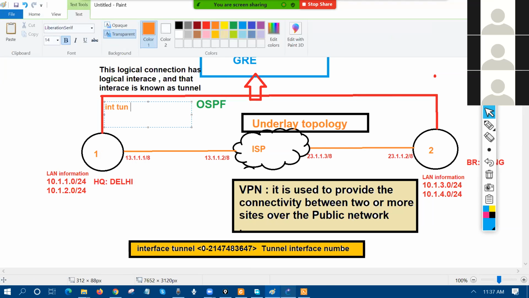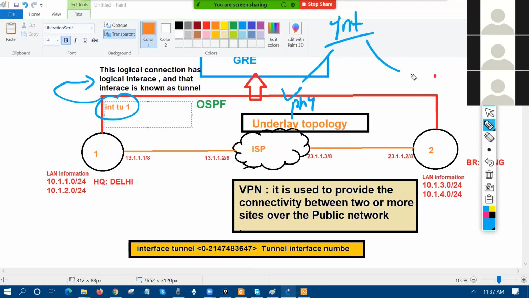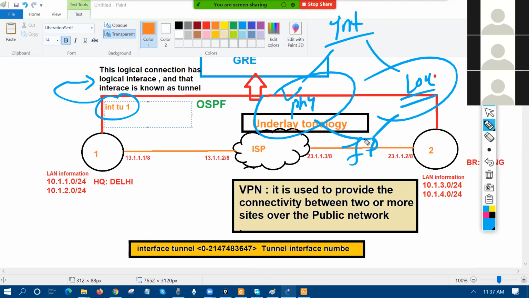As I told you, this is my logical interface. And every interface, it doesn't matter if the interface is physical or logical, has a common thing.